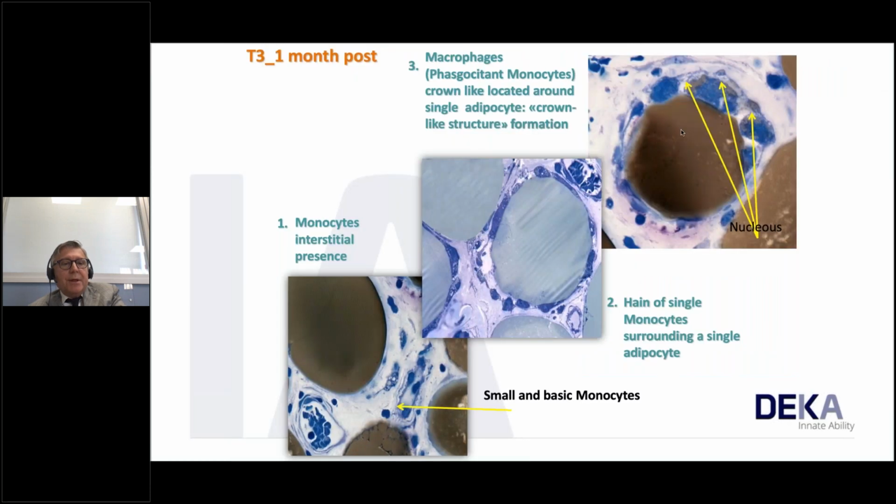In the first image, you can see interstitial monocytes present. In point 2, single monocytes surrounding a single adipocyte, and point 3, macrophages, the phagocytant monocytes, located crown-like around the single adipocyte, creating a crown-like structure formation just around the droplets.